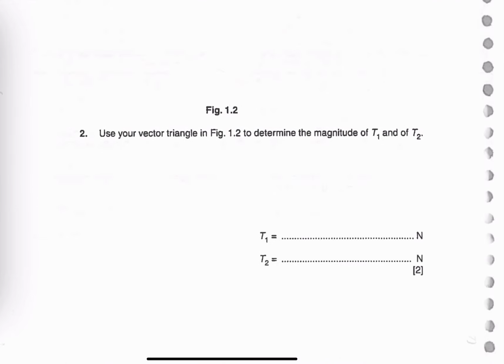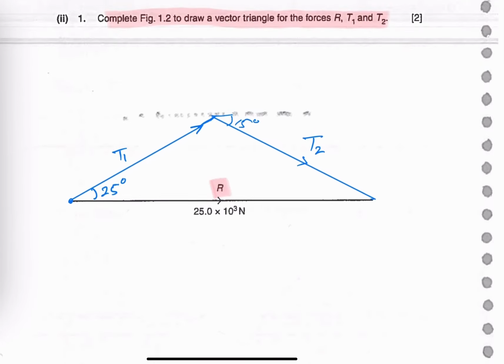Now use your vector triangle in figure 1.2 to determine the magnitude of T1 and of T2. Okay, so first of all we have to measure the line that is drawn for R. You have to measure it with the help of a scale, and let's suppose that measured value is x centimeters.